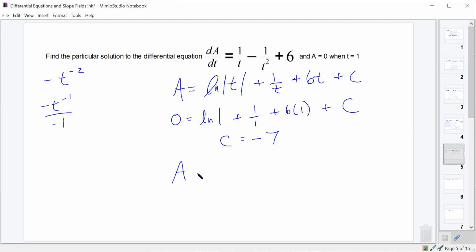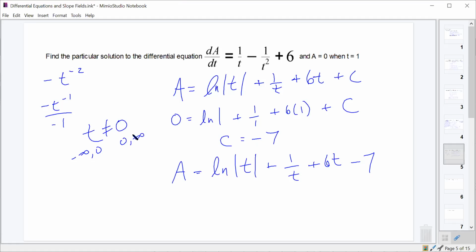And so you should have got the function a equals natural log absolute value t plus 1 over t plus 6t minus 7. And then you would have noted that what is the only value that t cannot be in this equation? 0. t cannot be 0. And so that means that the domain of this is negative infinity to 0 and 0 to infinity.